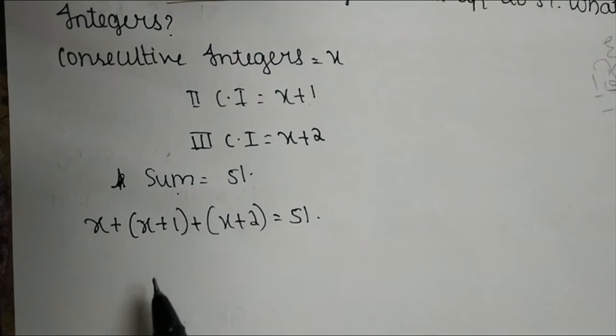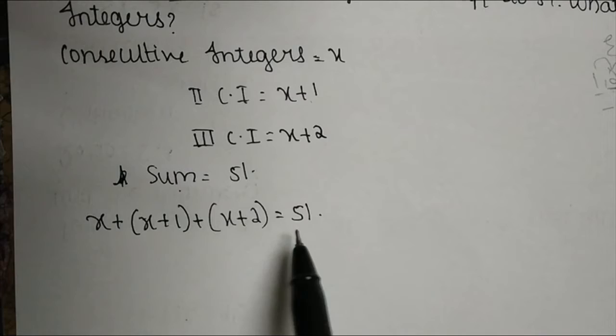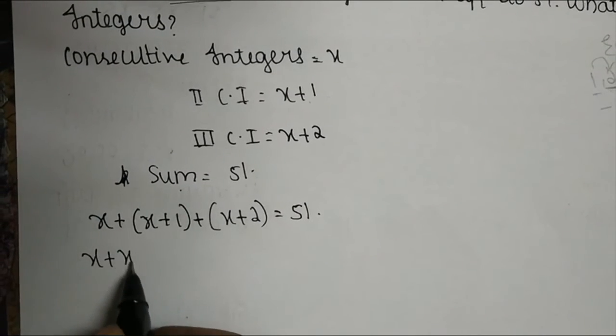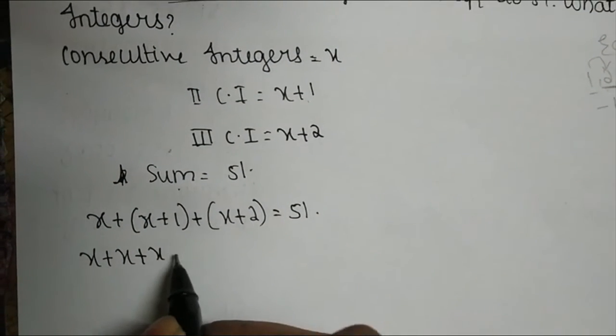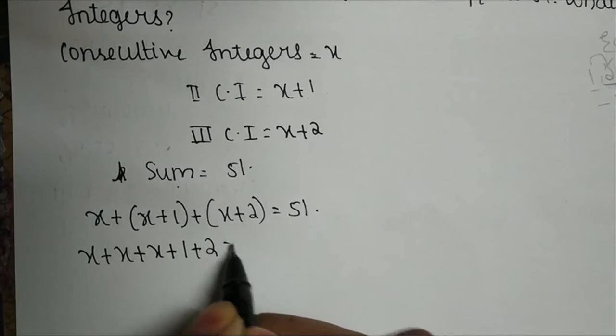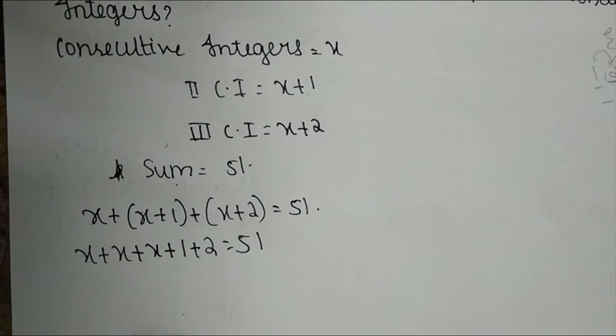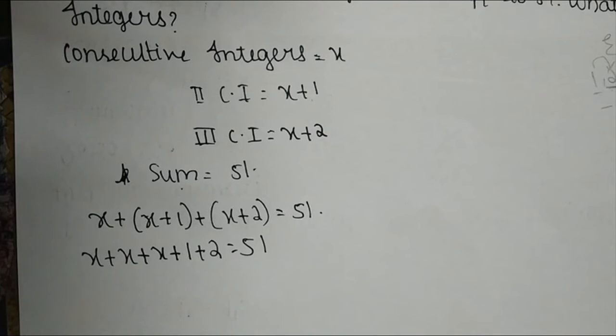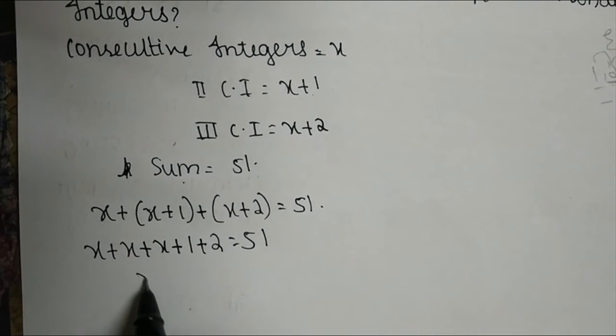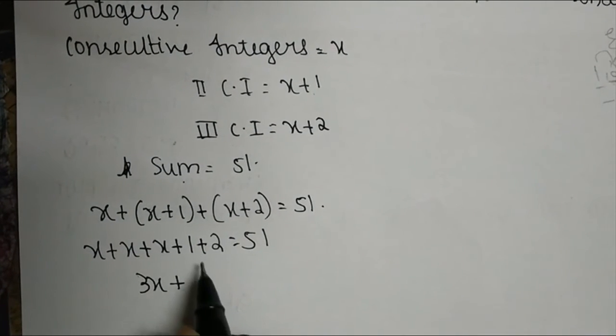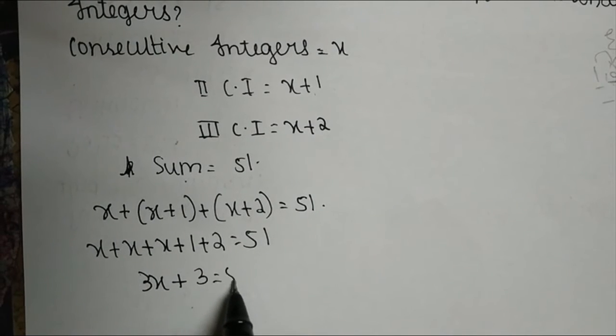Now let's solve this equation. x plus x plus x, let's bring these variables aside, plus 1 plus 2 is equal to 51. So the variables came aside and the numbers came aside. When we add them, we get 3x plus 1 plus 2, which is 3, equal to 51.